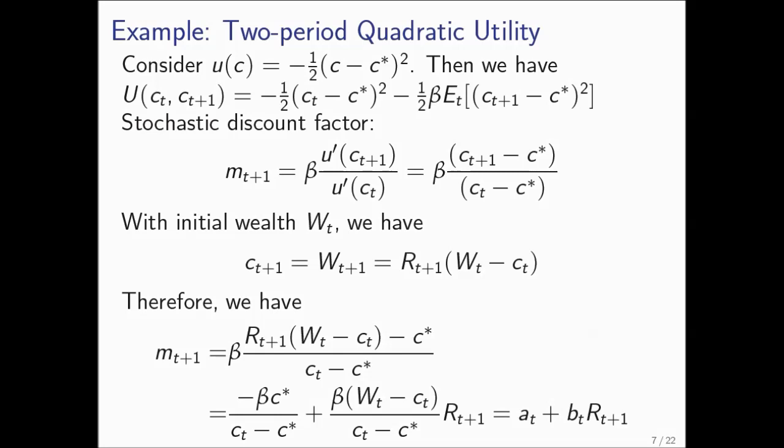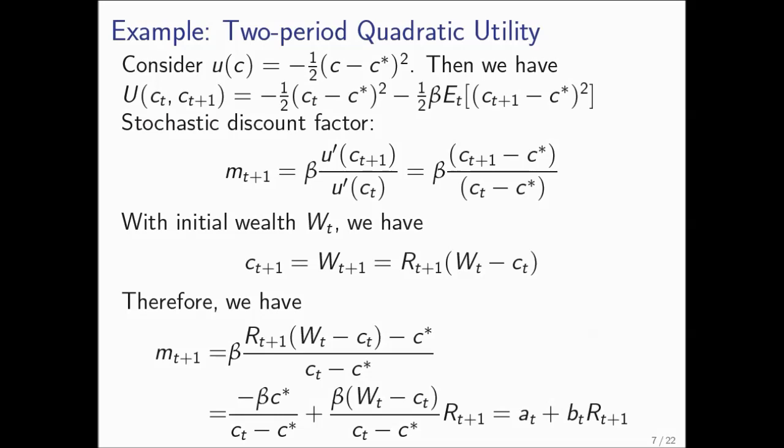Now we assume we have some initial wealth W_t, and tomorrow's consumption, because we just have 2 periods, will be tomorrow's wealth. And tomorrow's wealth is what? It's today's wealth subtract the consumption, so this is the investment, and you multiply by the return. So that's what we have: the stochastic discount factor is equal to beta.